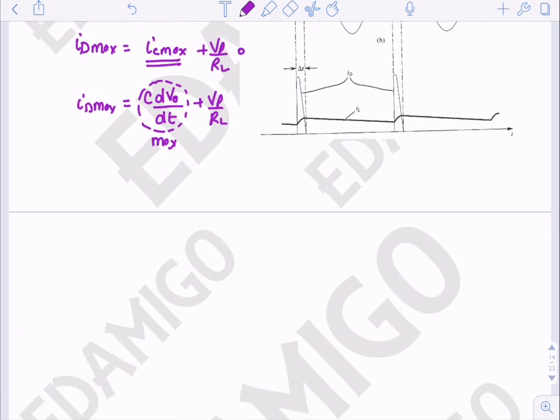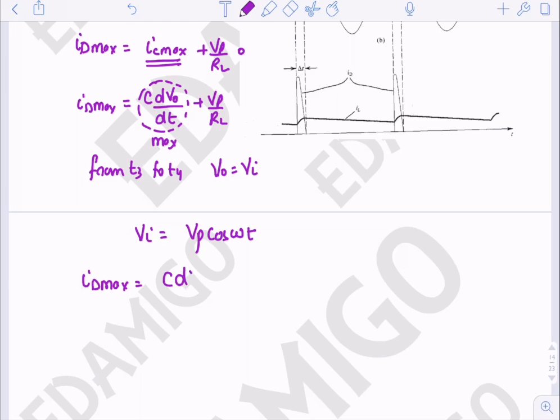Now as we know that from T3 to T4, Vo is equal to Vi, and we know that Vi is equal to Vp cos omega t. So we can say that ID max is equal to C times d Vp cos omega t divided by dt, max, plus Vp upon RL in the time duration T3 to T4.